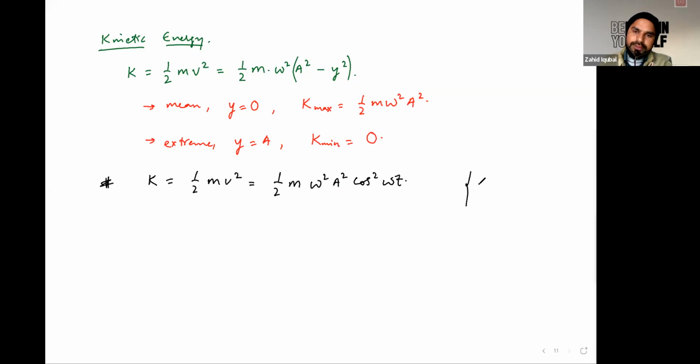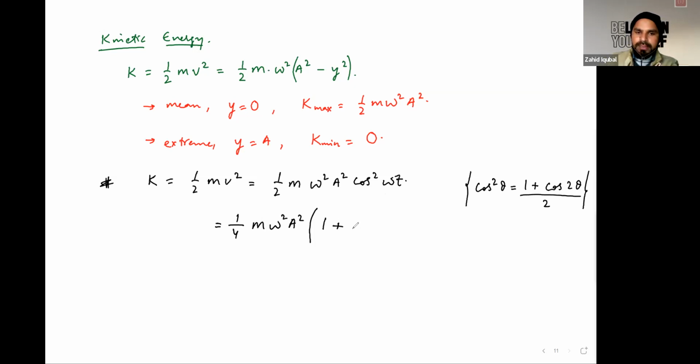According to the relation, cos squared theta is equal to (1 plus cos 2 theta) divided by 2. You may write 1 by 4 m omega squared a squared [1 plus cos 2 omega t].